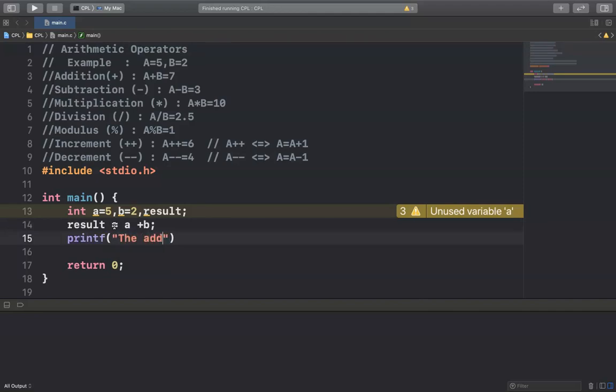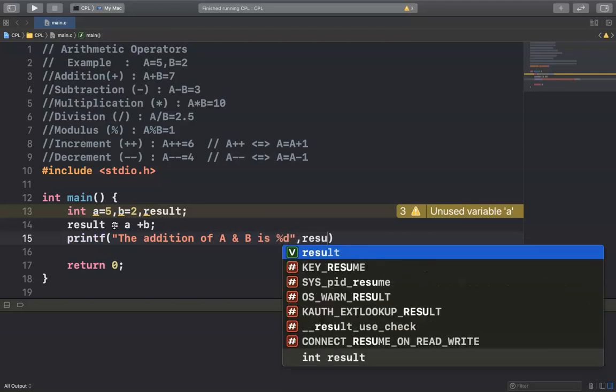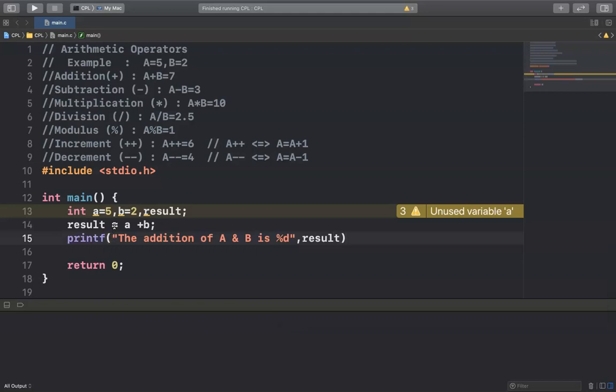The addition of A and B is %d and then result. Let me print it.